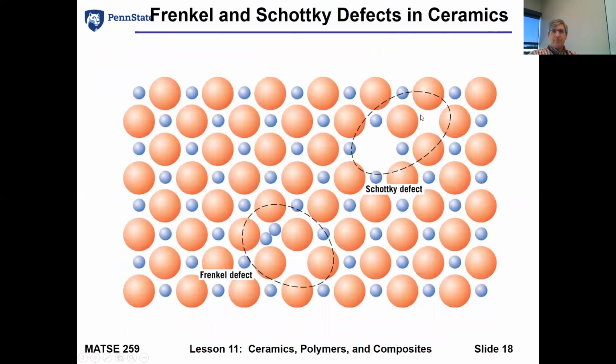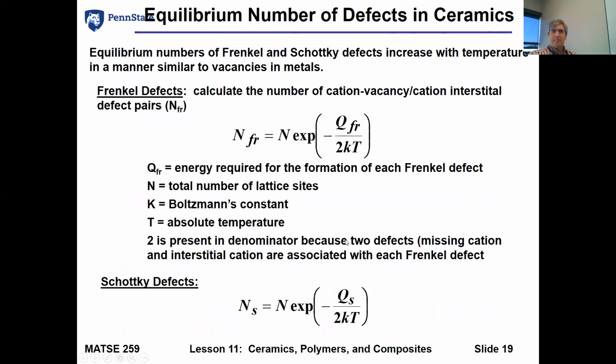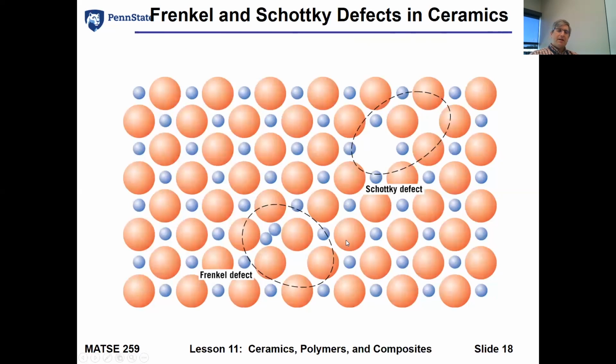What we tend to see is we take an anion vacancy and a cation vacancy, and they're combined, so they maintain charge neutrality. In the Frenkel defect, it's just that cation moving into one of these interstitial spaces. Charge neutrality is maintained in both cases, but these types of defects can lead to some unique types of properties that we may run into.